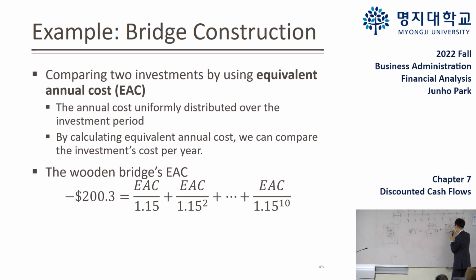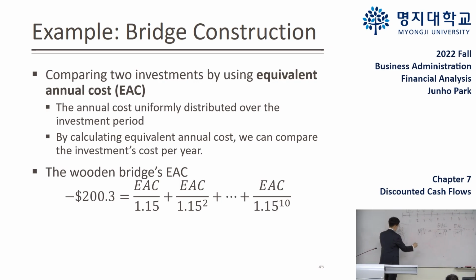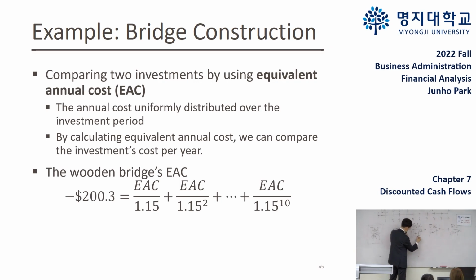Therefore, we have a discount factor, until we have the 1/10th discount factor. So by putting the 15% into the interest rate or the discount rate, and by calculating this, we can calculate the EAC.